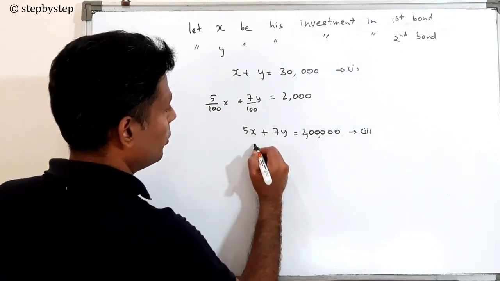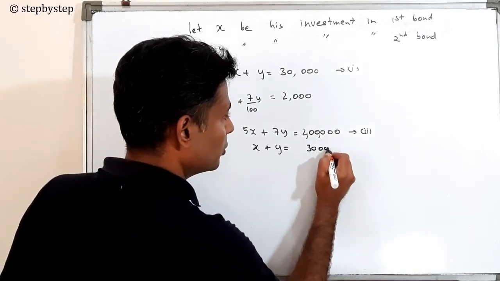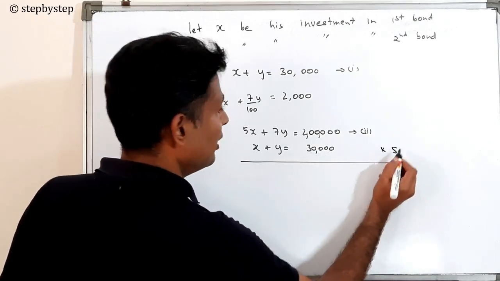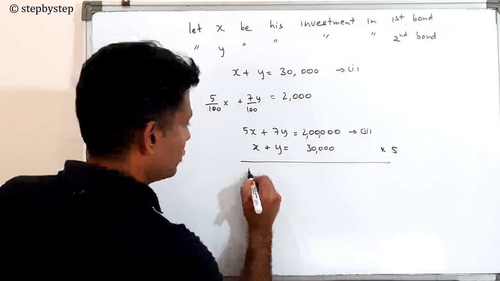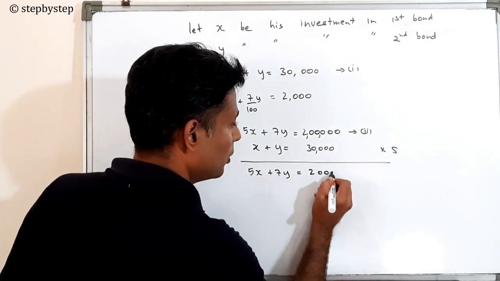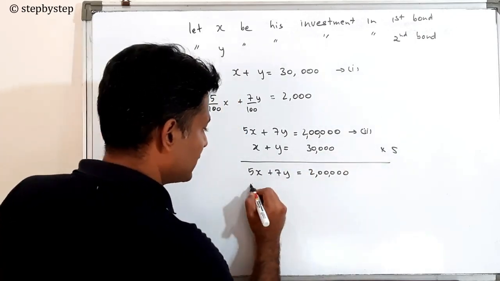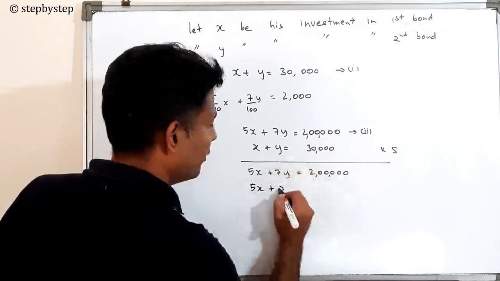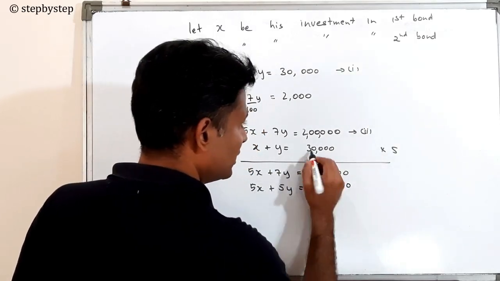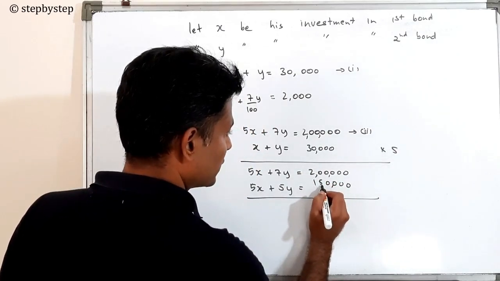So using these two, X plus Y equal to 30,000. Alright. Now here I'll multiply this by 5. I'll cancel X. So first thing is 5X plus 7Y equal to 2 lakhs, and 5 into X, 5X plus 5Y equal to 5 into 30,000, 3 5s are 15, so 1,50,000.